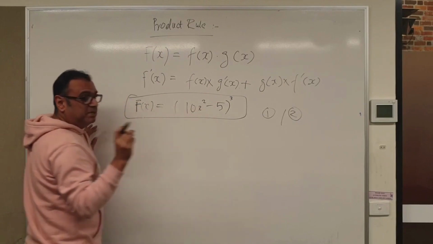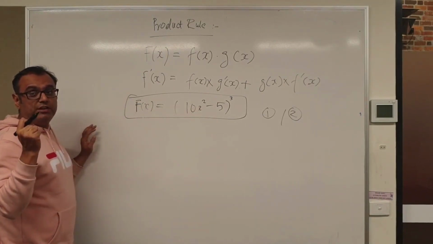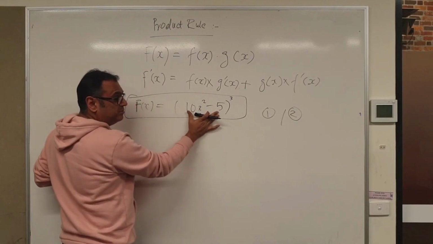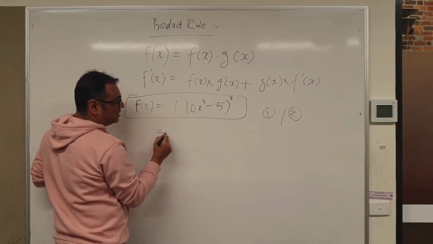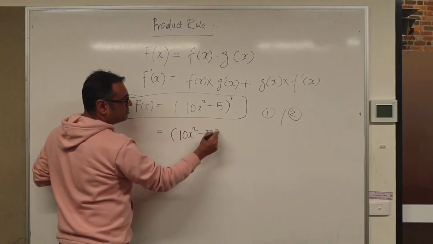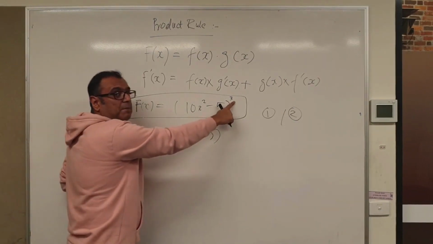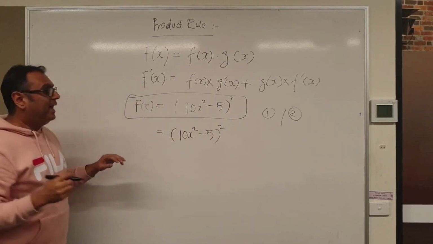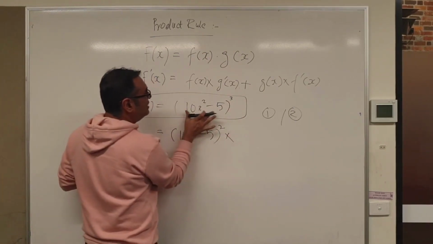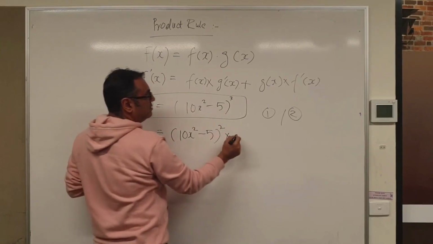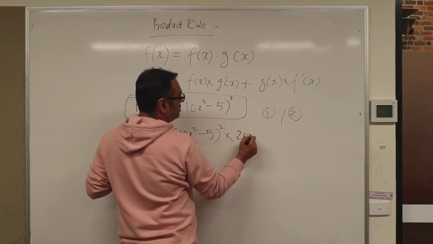In its very simplicity, how your chain rule works is, pick up this expression, write this expression as is, reduce a power here by 1. 3 minus 1 is 2. And find the differential of the stuff inside. What is that? 20x.